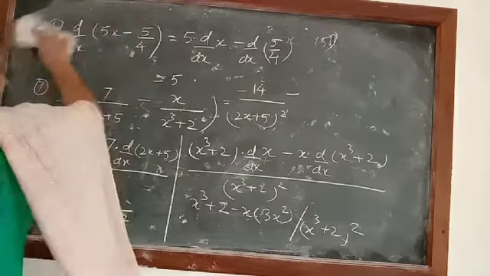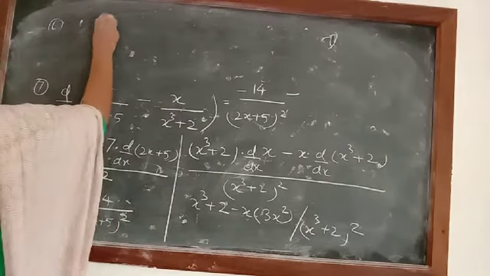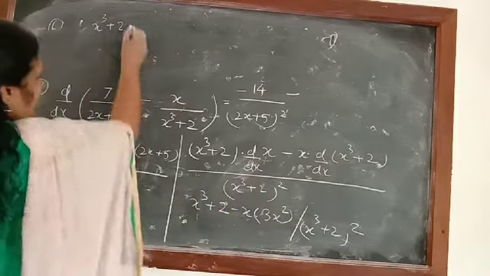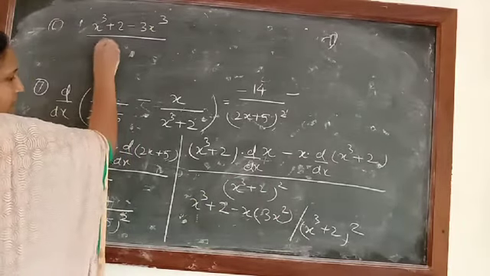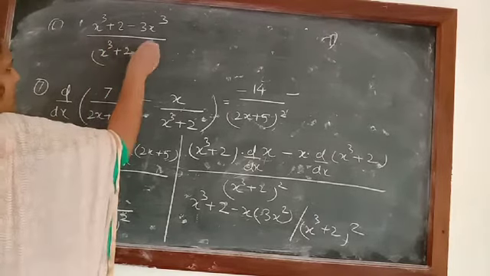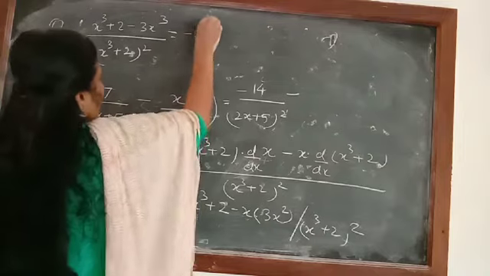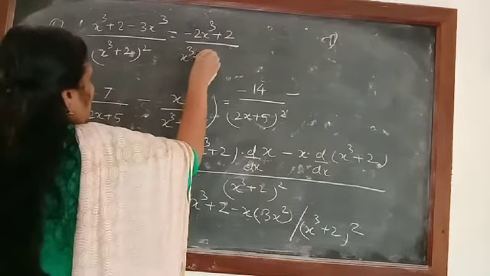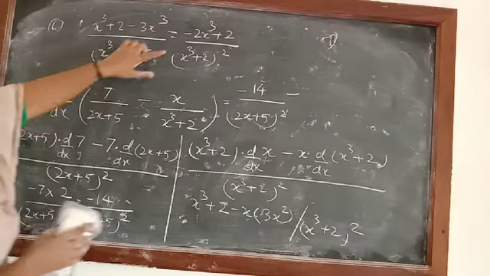So we will just simplify it, then we will get here x cube plus 2 minus x into 3x square, which will give you minus 3x cube, by x cube plus 2 the whole square. x cube minus 3x cube will be equal to minus 2x cube plus 2 by x cube plus 2 the whole square. So we got the differentiation of the second in this way.